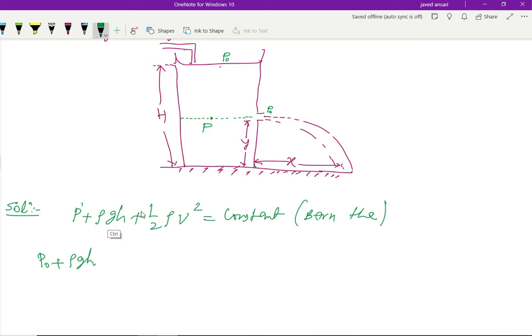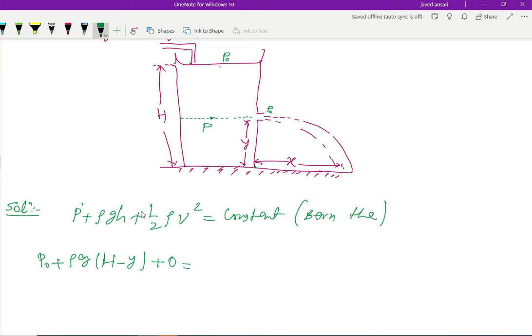So we can write rho g, capital H minus small y, plus half rho v square. The velocity at this point is 0, because this is a big vessel. Whatever is coming out from here you will see velocity, but there is almost negligible velocity here. So this is 0.